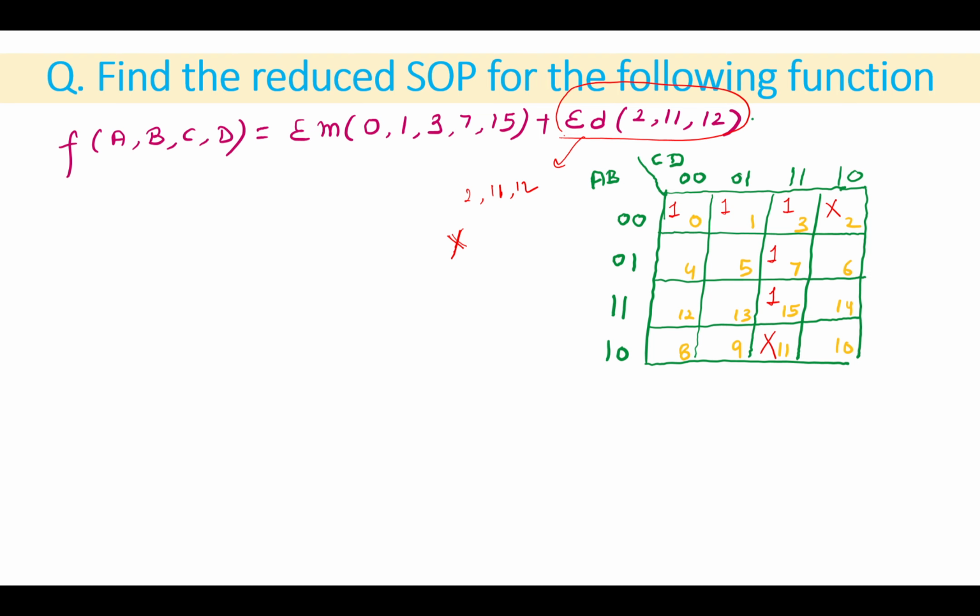The don't care condition is to be included to form a pair, or maybe a quad. So here we form a quad. For this quad we get a bar b bar, and here again we have to form a quad, because the don't care condition is very helpful to form a quad of all four 1s, that is CD.